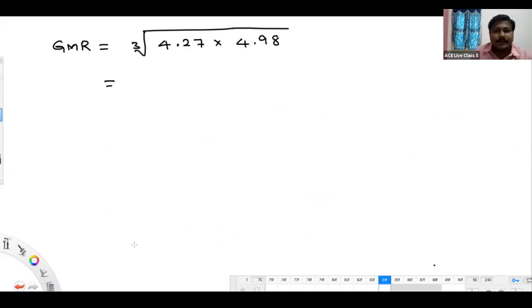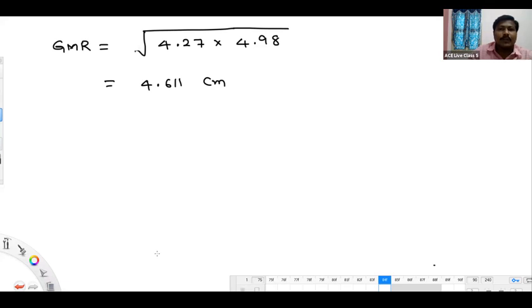What is the GMR of the system? This value will be 4.611 centimeters. That is the GMR.